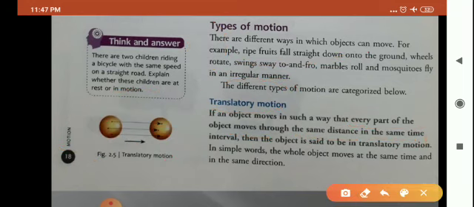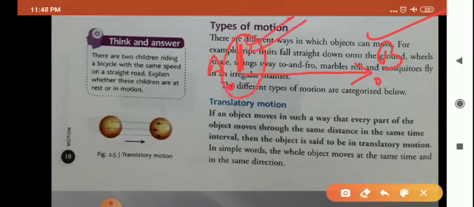Suppose there are two points A and B. Suppose an object is at point A and wants to reach point B. So when it moves towards point B, it means that all the parts of the body of this object will move from point A to point B and cover the same distance in the same time.